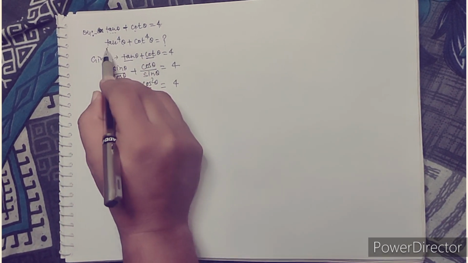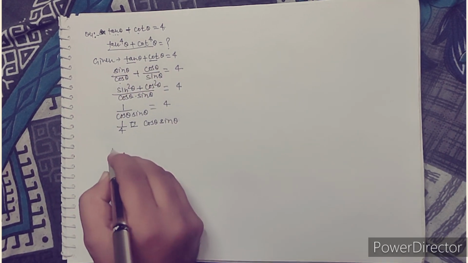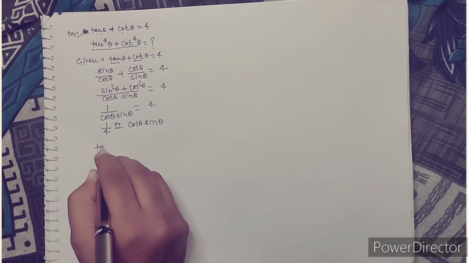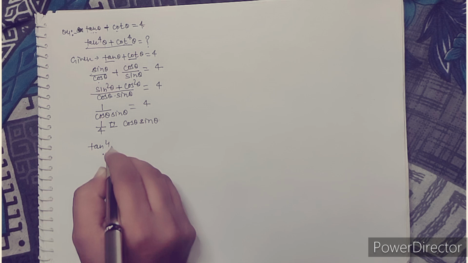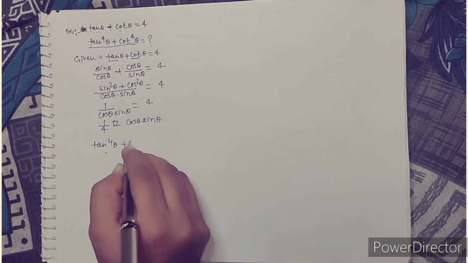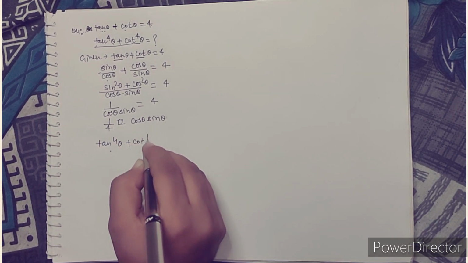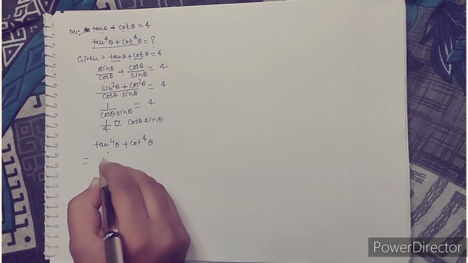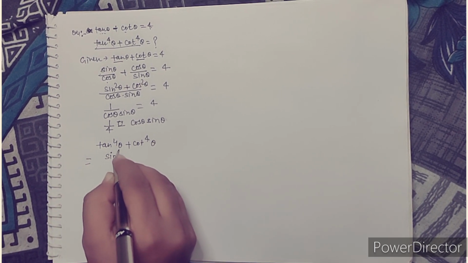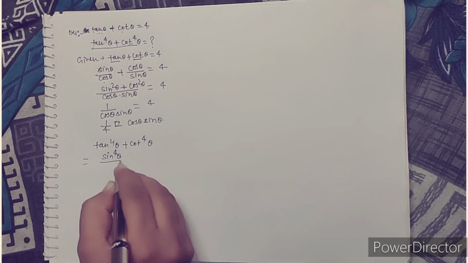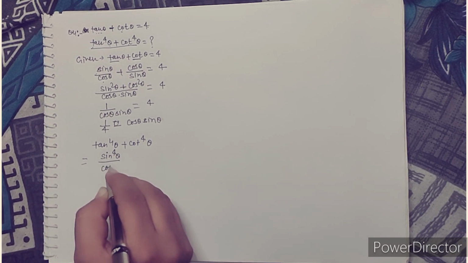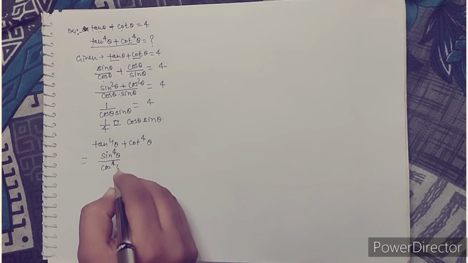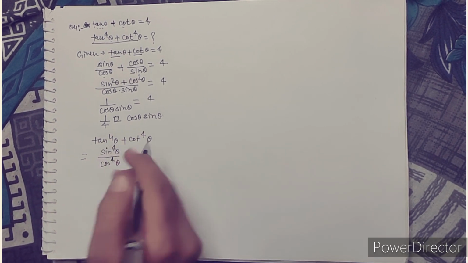Now we have to find out this one. So we will mention here tan to the power 4 theta plus cot to the power 4 theta. Now we can mention here sin to the power 4 theta upon cos to the power 4 theta. Tan theta is equal to sin theta upon cos theta.